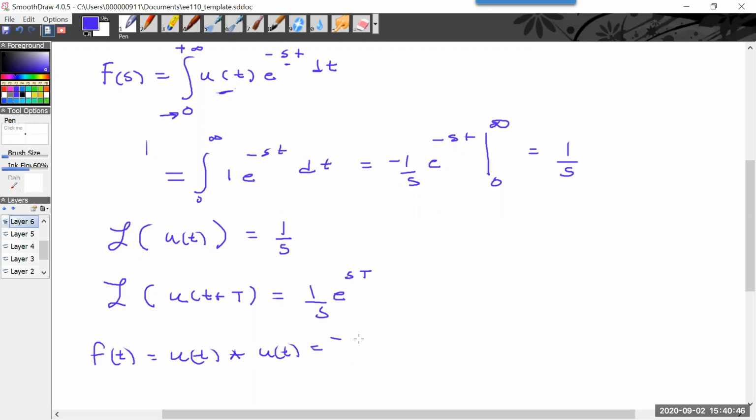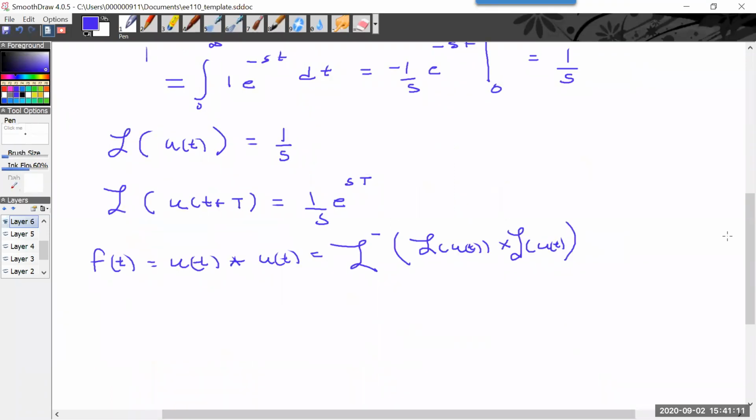It's going to be the inverse Laplace transform of the Laplace transform of u(t) times the Laplace transform of u(t). Let's see, got that right. Which we just found, the Laplace transform of the step.